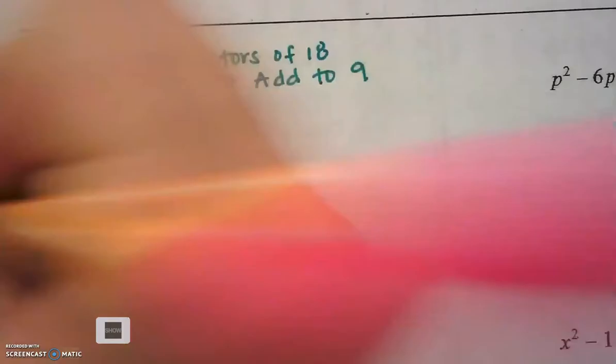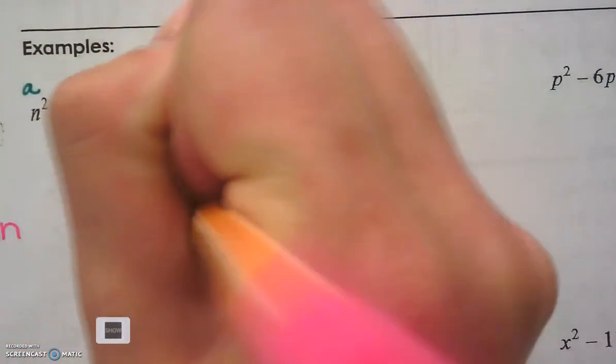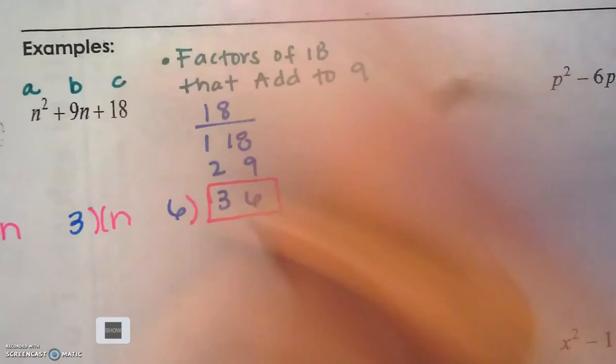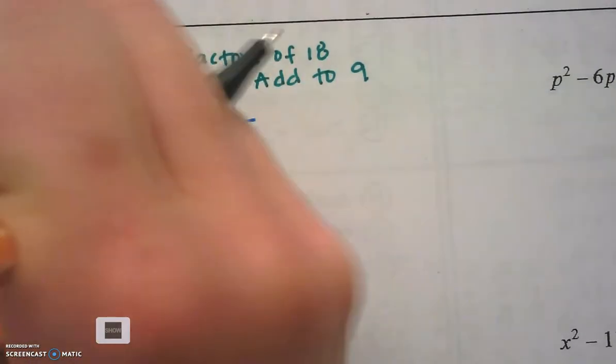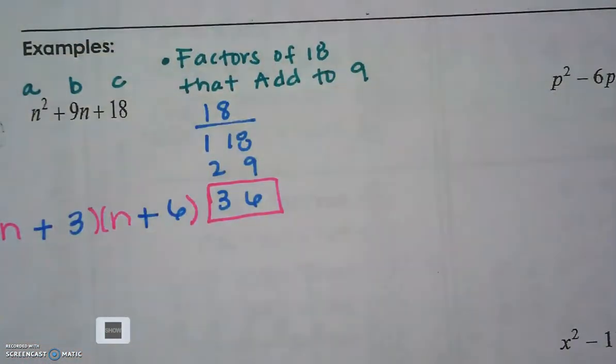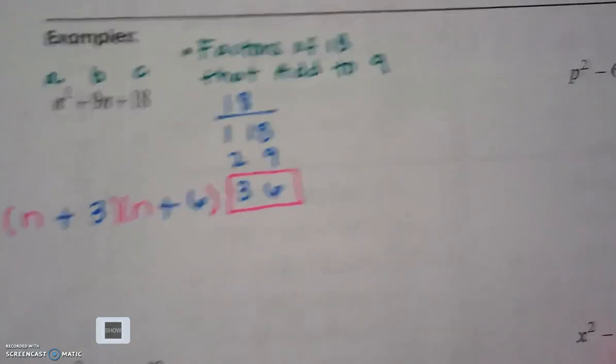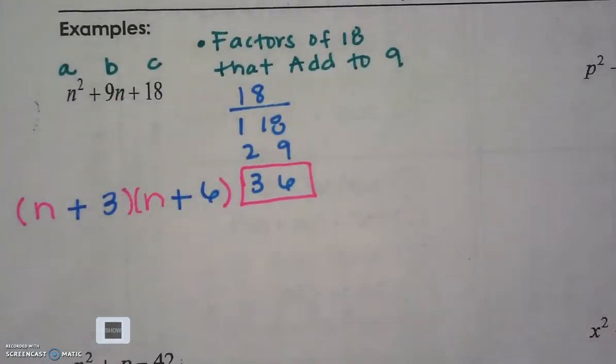So we're going to say n times n, and we want a 3 and a 6. If I want a positive 9 and a positive 18, both of these signs should be positive. And we found the factors. We found two things that multiply out to get my quadratic expression.